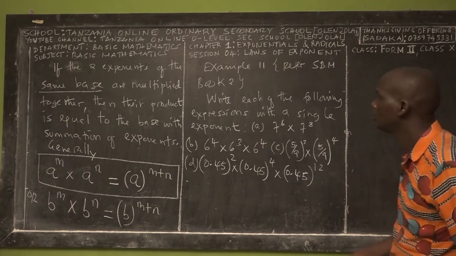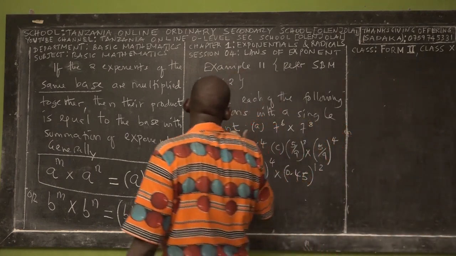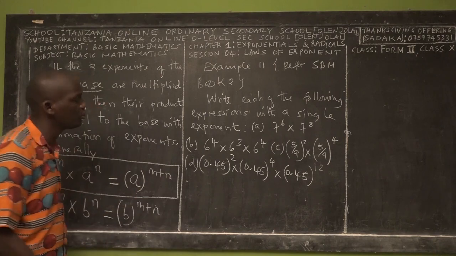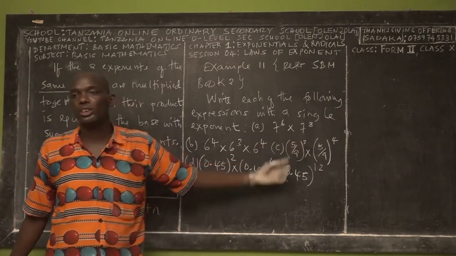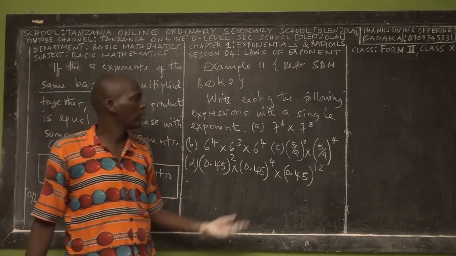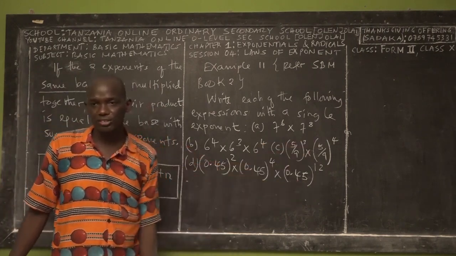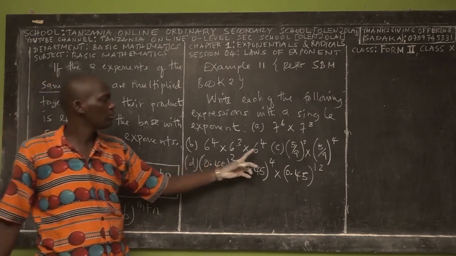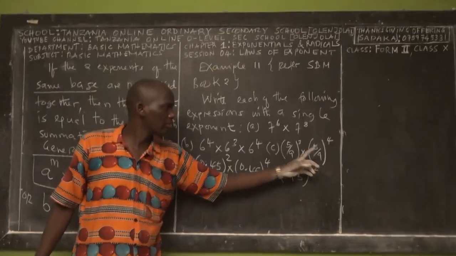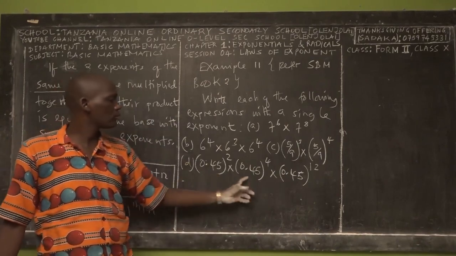Example 11 asks you to write each of the following expressions with a single exponent. Is it a single exponent? No, this is two exponents, first exponent, second exponent. Here we have three exponents, 1, 2, 3. Here you have two exponents, 1, 2. Here are three exponents, 1, 2, 3.